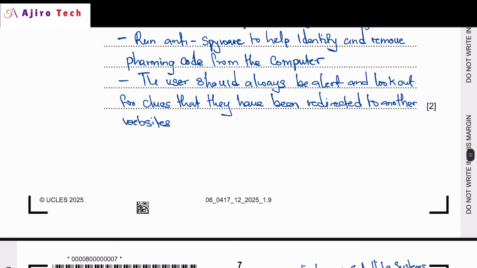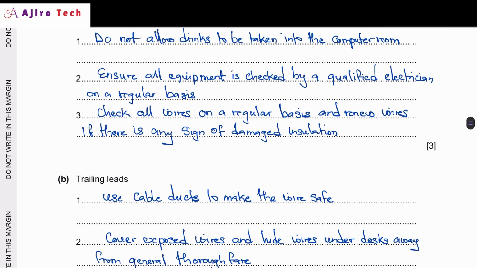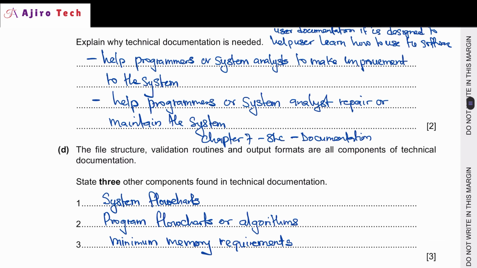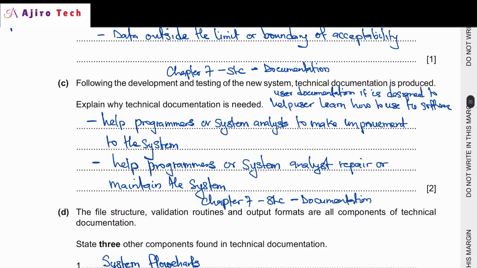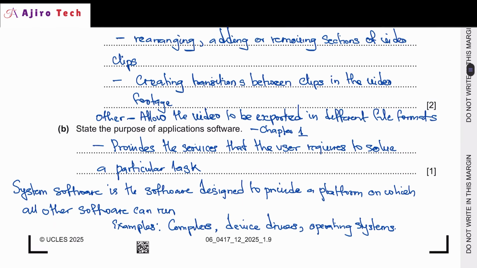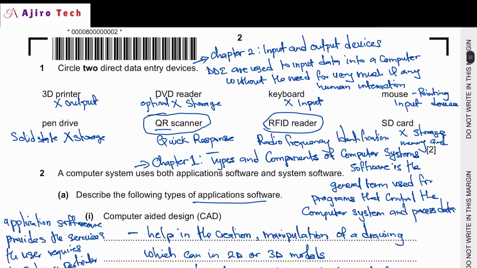We had chapter 7 as always, chapter 6, chapter 8 a lot. The first variant was chapter 7 a lot, the second variant was chapter 8 a lot. Chapter 7, chapter 6, and we had chapter 2 and chapter 1.